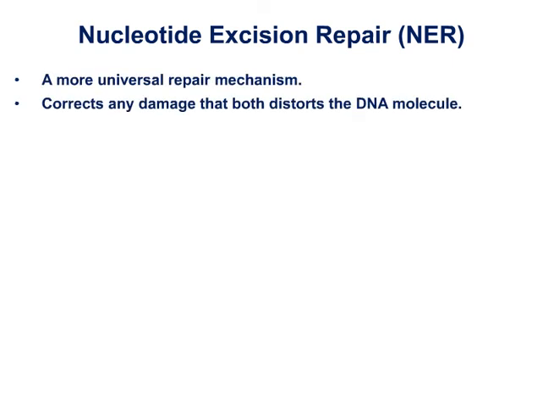Direct repair and base excision repair mechanisms both use specific enzymes to detect and remove certain kinds of modified bases. Nucleotide excision repair is a system to remove damage in general that causes a distortion in the helical structure of the DNA.